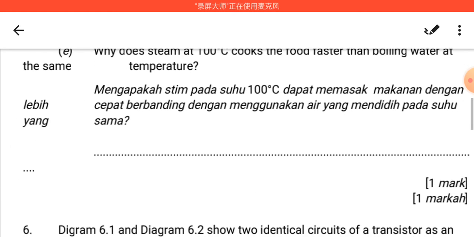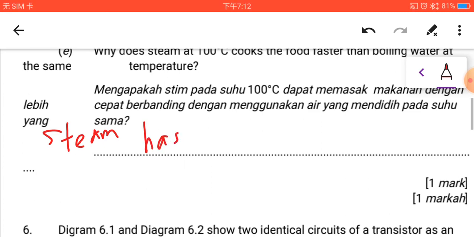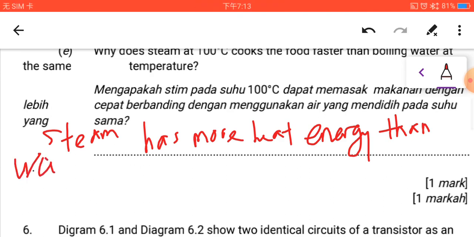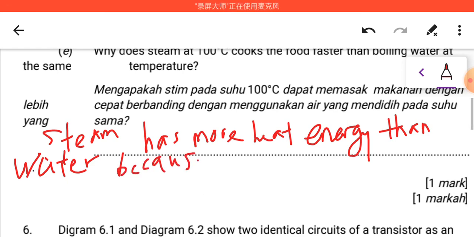So the first point you need to write is steam has more heat energy than water, because you need to state the reason why.